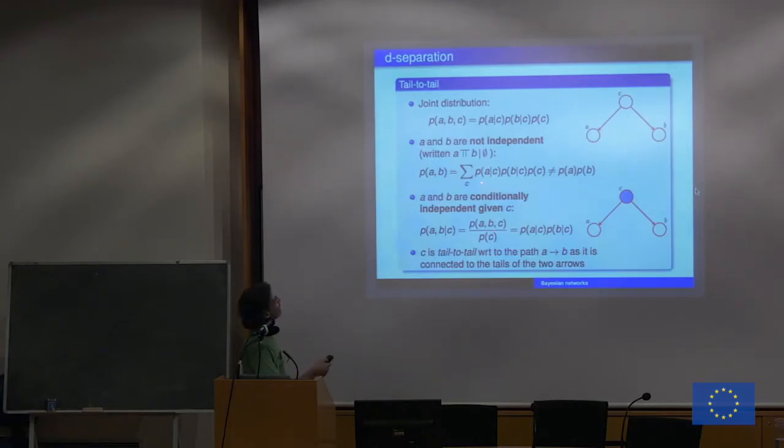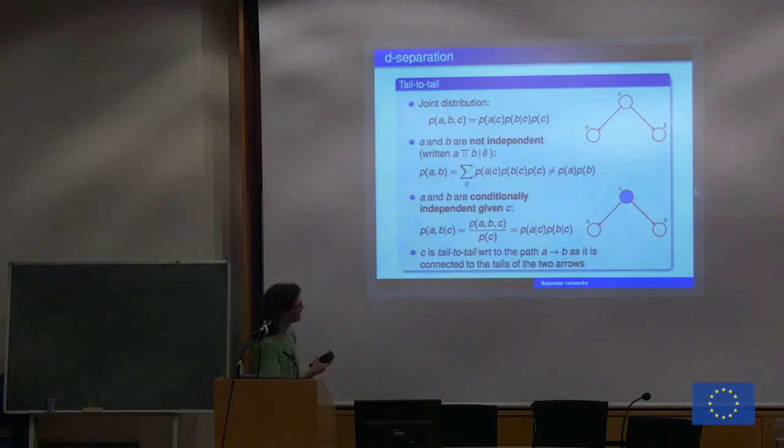Now, if you replace P(A,B,C) by this, you will see immediately that P(C) and P(C) cancel out, and you get the result: P(A|C) times P(B|C), okay? Which is conditional independence. This is saying that A and B are independent if C is observed.